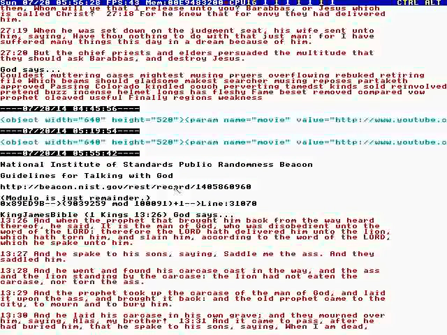God says, and when the prophet brought him back from the way heard thereof, he said, it is the man of God who was disobedient unto the word of the Lord. Therefore the Lord hath delivered him unto the lion, which hath torn him and slain him according to the word of the Lord, which he spake unto him. And he spake to his son, saying, saddle me the ass.